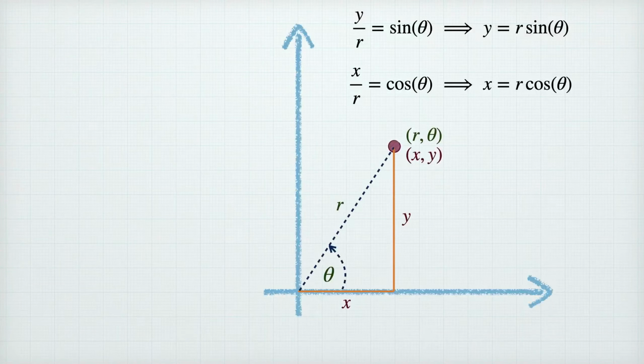And again, what distinguishes this point from any other point lying on the exact same circle? Nothing except the angle. And we can just apply what we already know, and we arrive at the conclusion that the coordinates of this particular point in rectangular format are r cosine theta and r sine theta.